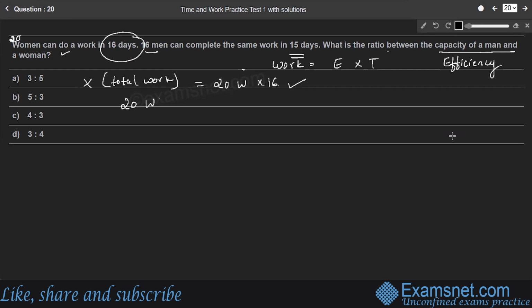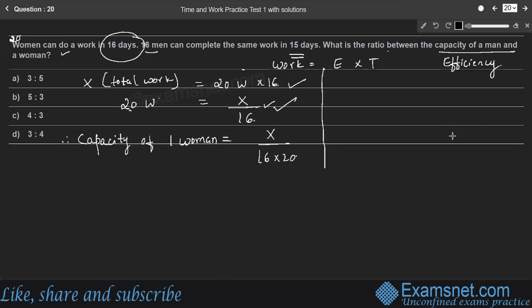So efficiency of 20 women is equal to total work X divided by number of days taken by 20 women, X by 16. Therefore, capacity of one woman, if 20 women having their capacity as X by 16, capacity of one woman becomes X by 16 into 20, right? So this 20 should be divided by, right? So the RHS should be divided by 20.